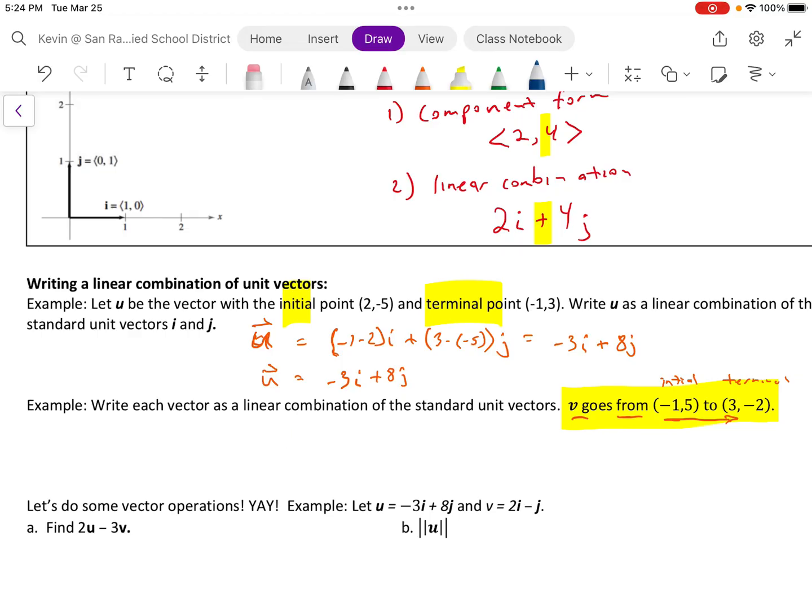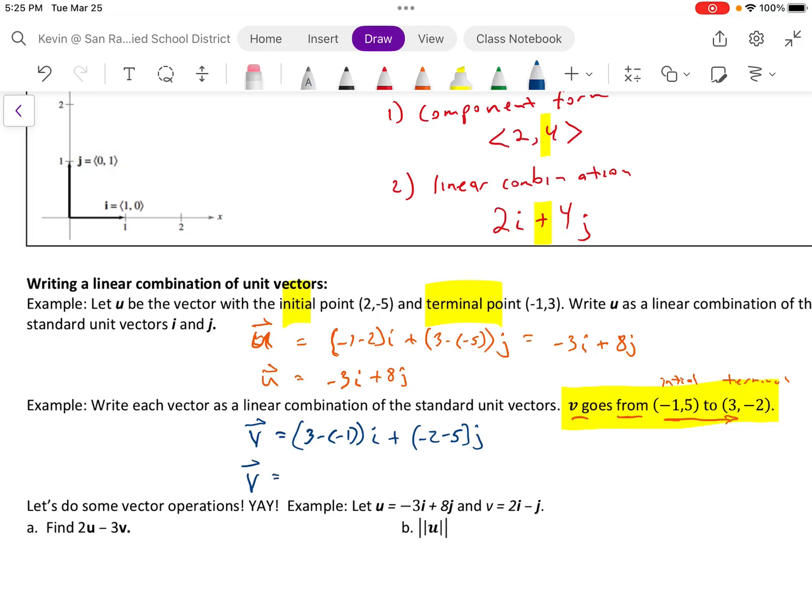I'm going to change the color up here. So vector v, same idea though. We would go 3 minus -1, which is the same as 3 plus 1, i, plus -2 minus 5 j.